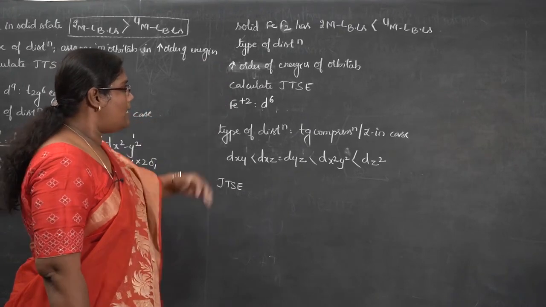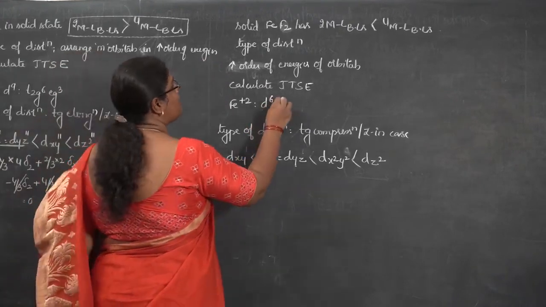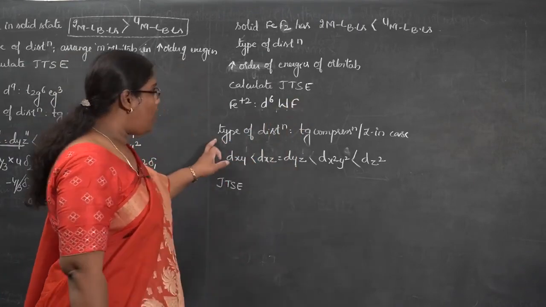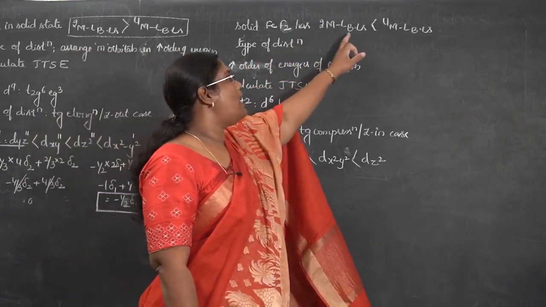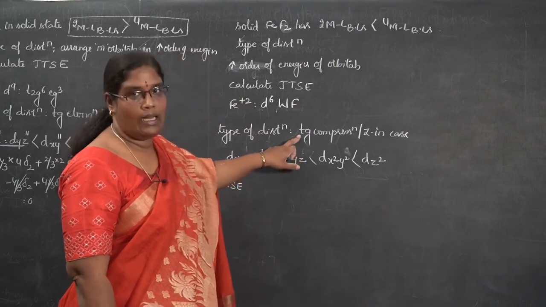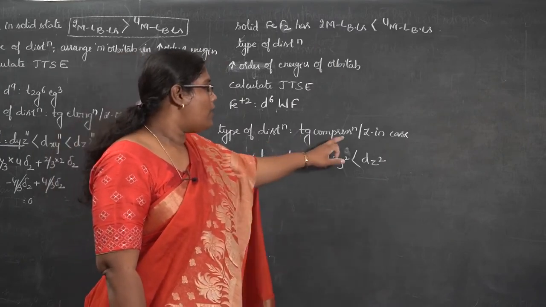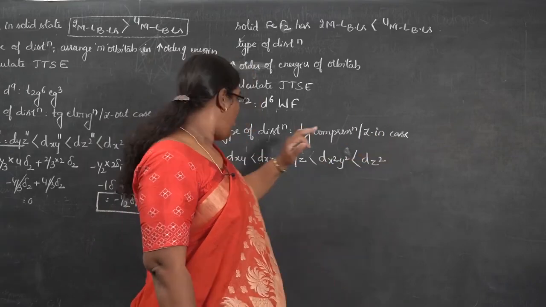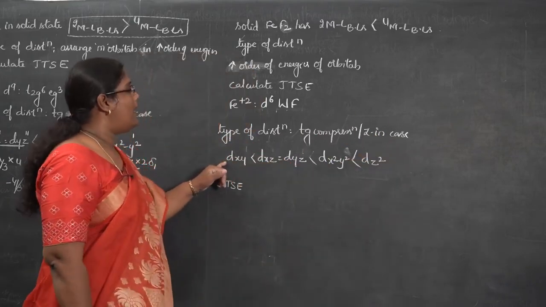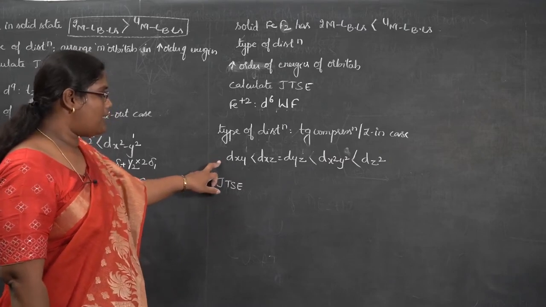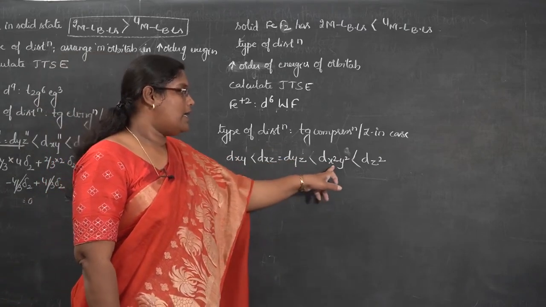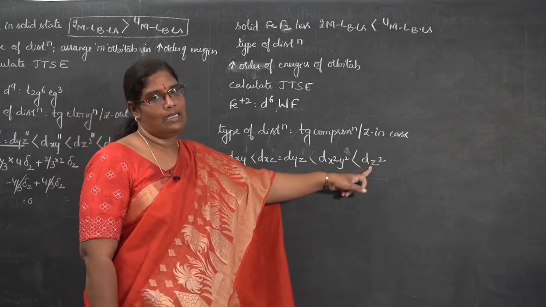So in this, metal is Fe plus 2, it is d6 weak field. So the type of distortion, since 2 metal ligand bond lengths are shorter than the remaining 4, we call it as tetragonal compression or Z in case. And the increasing order of energies of orbitals: dxy less than dxz dyz less than dx square minus y square less than dz square.